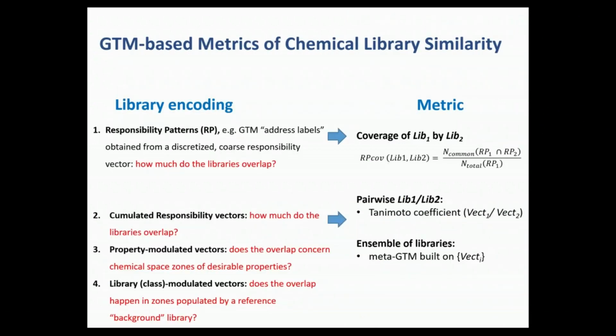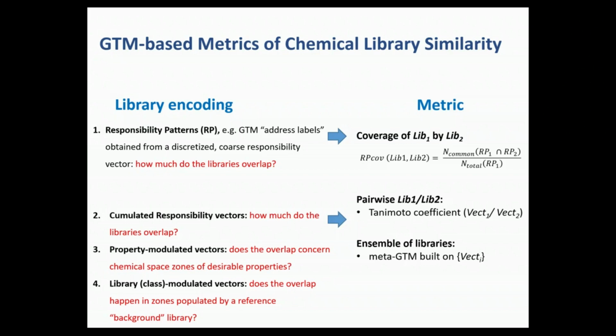So, of course, you can formalize these and define coverage according to various metrics. You can look at shared responsibility patterns. You can look at Tanimoto coefficients, as I already hinted. And each of these characteristic vectors gives you a specific response. When you look at cumulative responsibilities, you just assess how much the libraries overlap, so how much of the chemical space is common to them.